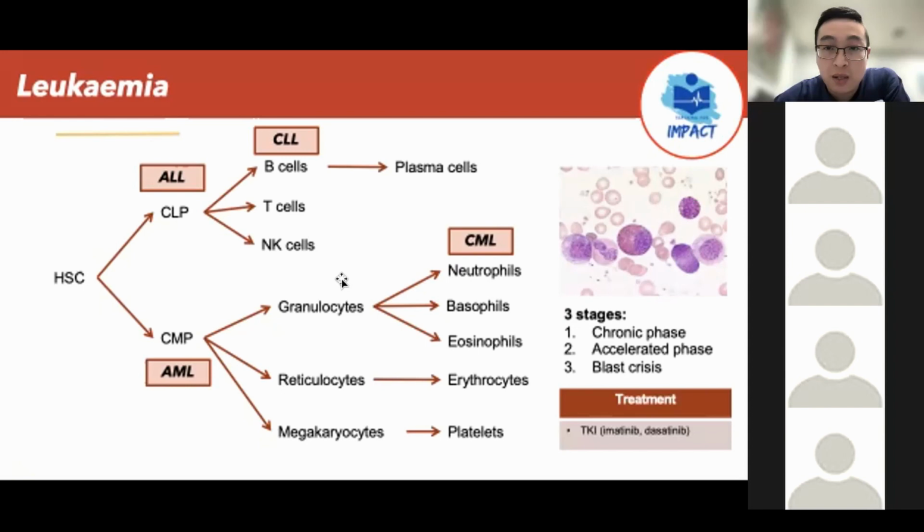I won't say too much about this because I think this one should be relatively familiar for most people here. So this is the one that's associated almost universally with the Philadelphia chromosome, so t(9;22), resulting in the expression of BCR-ABL1 fusion protein.